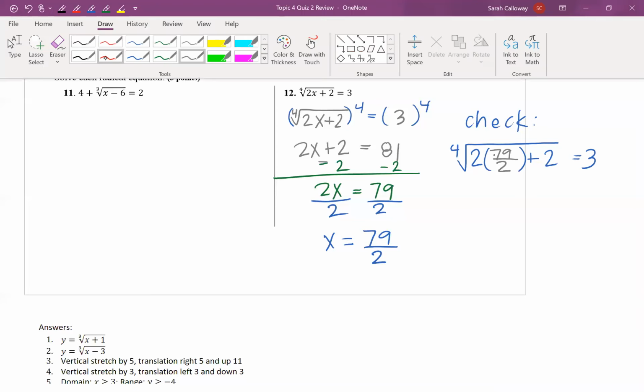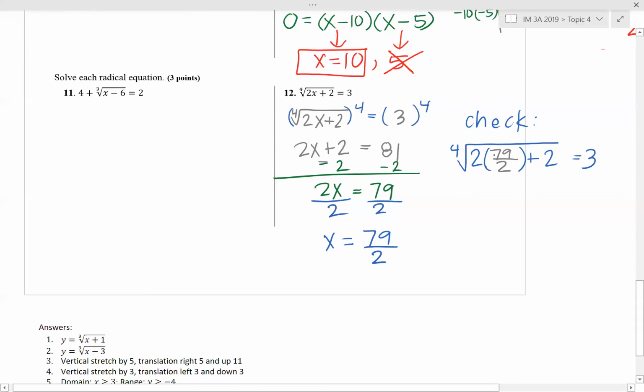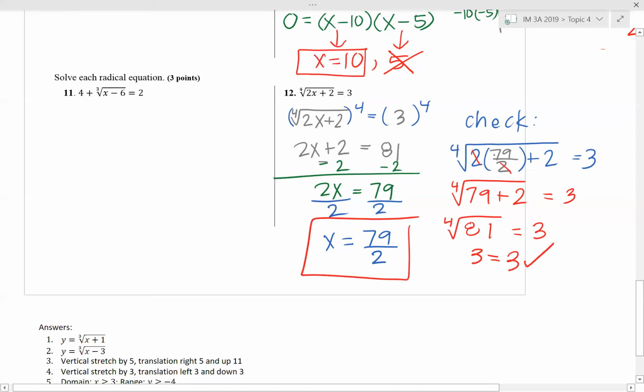And so when I do this, 79 over 2 times 2, the 2's just cancel. So I have really the 4th root of 79 plus 2, which is 81. So is the 4th root of 81 equal to positive 3? Yes, positive 3 is equal to positive 3. So that means that 79 over 2 is the correct answer.